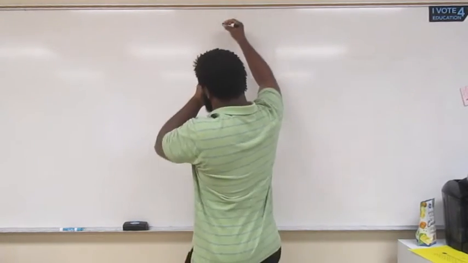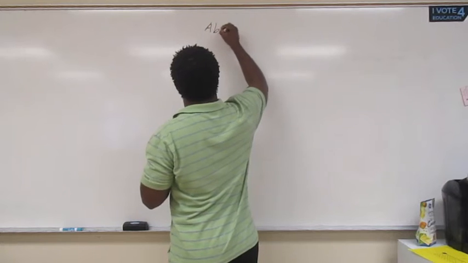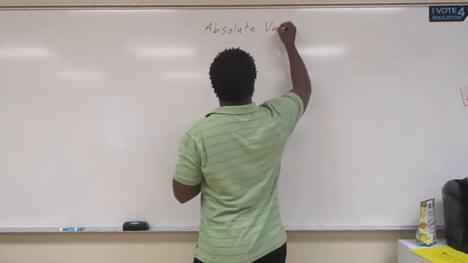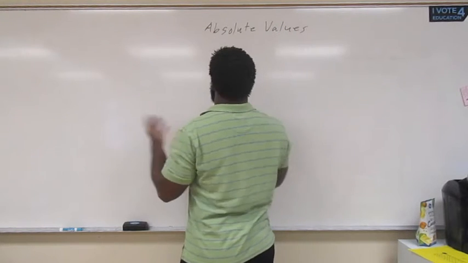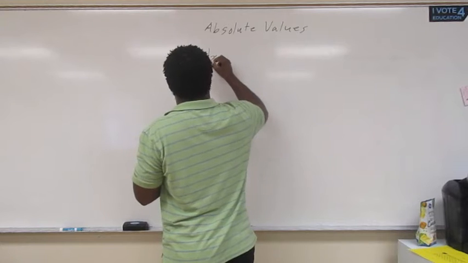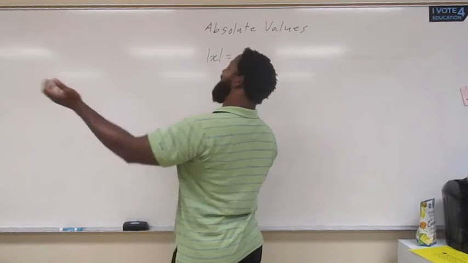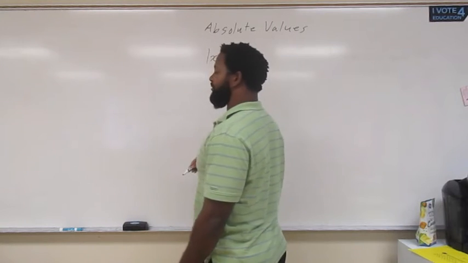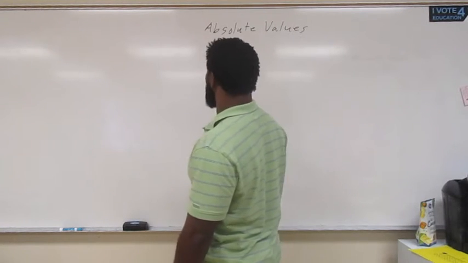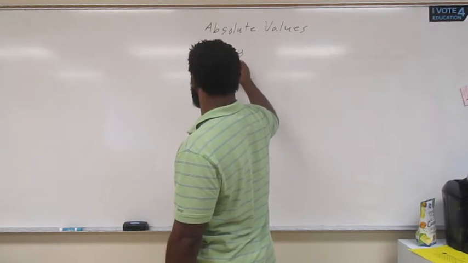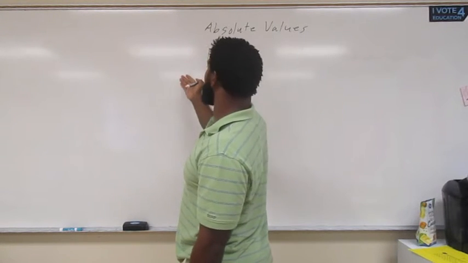So, when we're doing absolute values, remember, you might have absolute value of x equal to 8, right? Well, because you have absolute value of x equal to 8, you just take this number, take the opposite of it, and put it onto the other side.